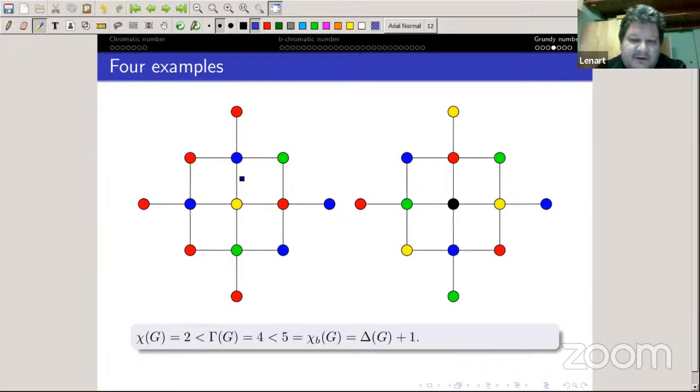And here is a b-coloring. So black has all the colors: green, red, yellow, and blue. So this is a b-vertex. This was green. So green is a b-vertex, has black, blue, red, and yellow, and so on. So we have a strict inequality here.